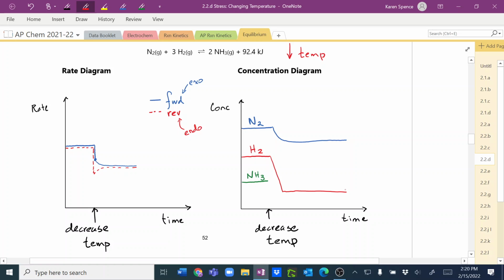What is wrong with the H2 curve? It's not a curve. You gotta be a curve. Okay, so here we go. All right, now NH3, down or up? Up by how much? 2, and could do it in green. 1, 2. There we go.